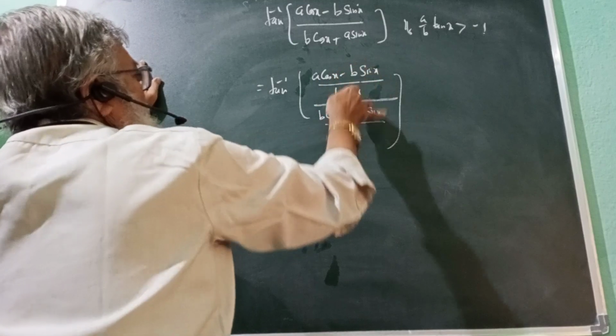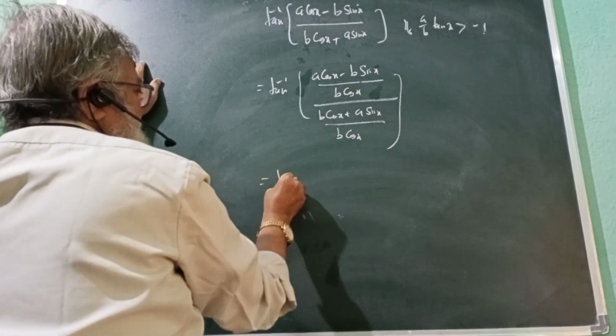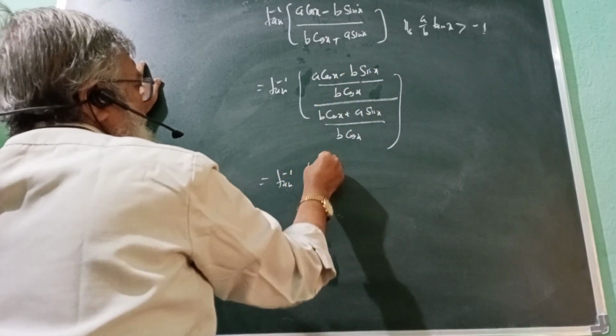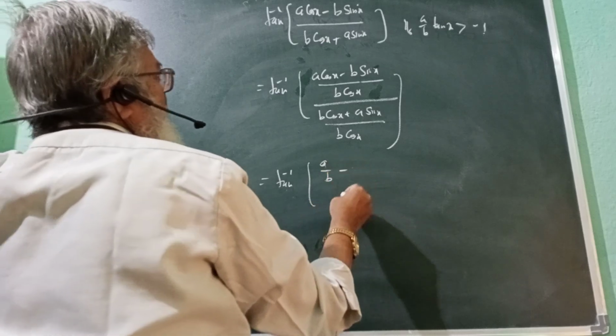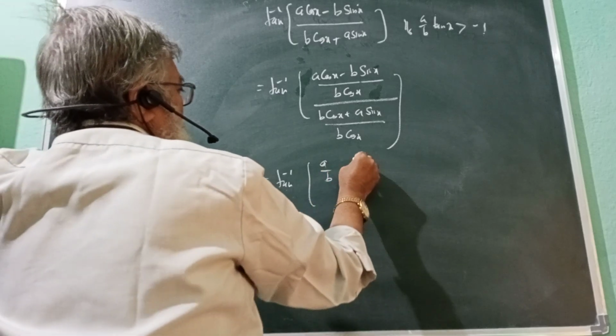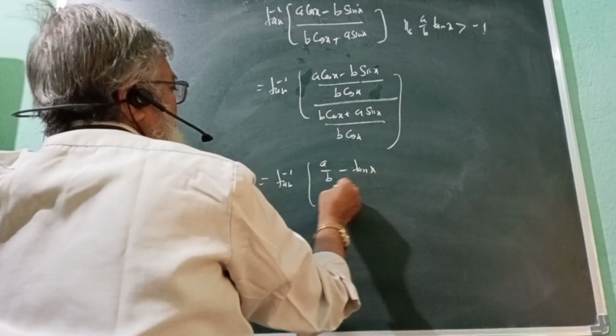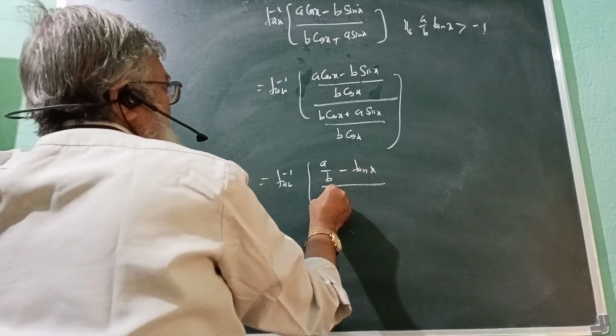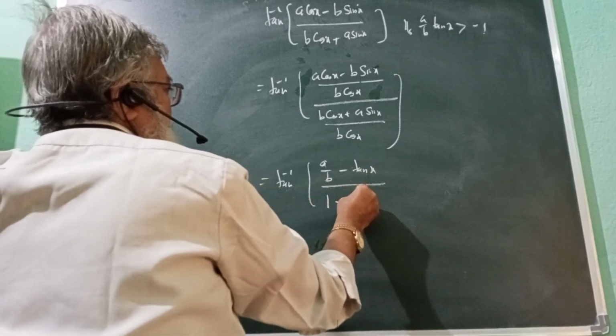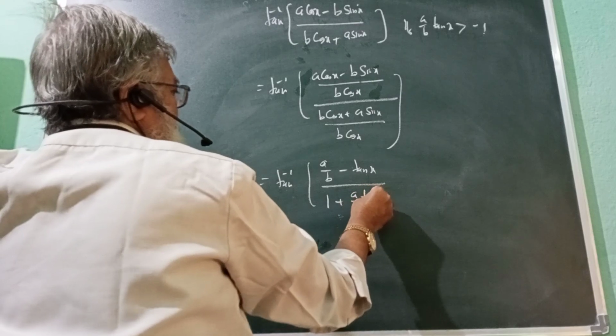Now we separate, bifurcate it, and we get tan inverse of a by b minus sin by cos. We get tan x divided by 1 plus a by b into tan x.